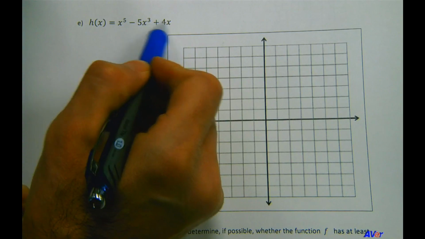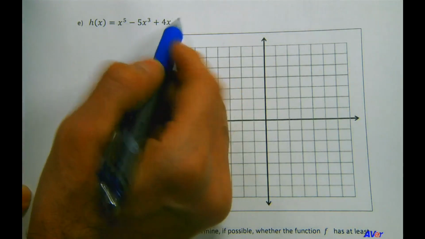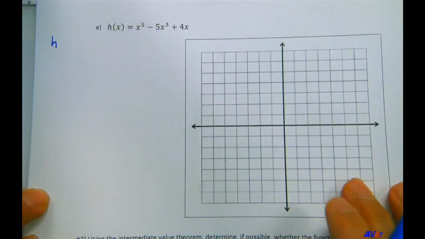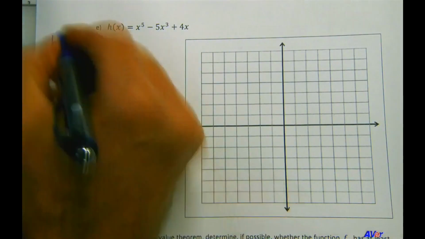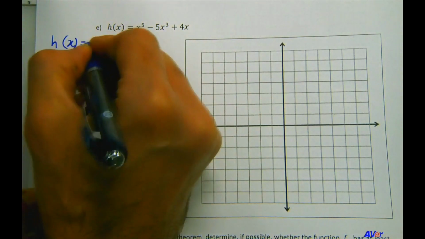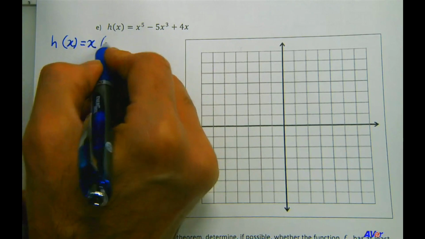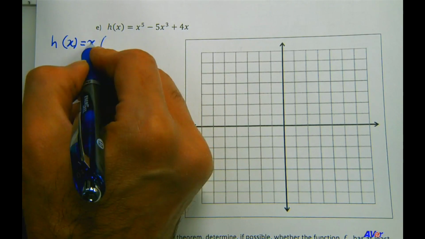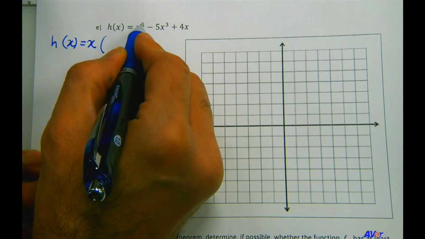At this point, the only common factor is x. So h of x is equal to x, factor out x. What term should I put here to multiply by x to give me x to the 5th power?